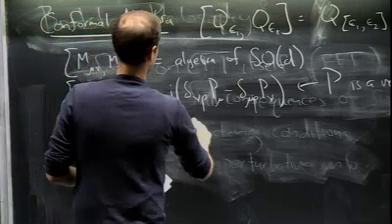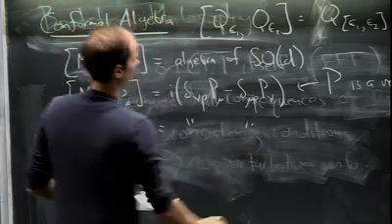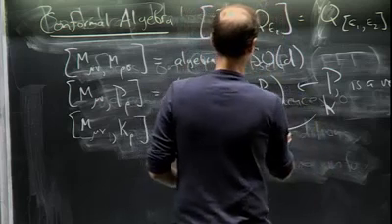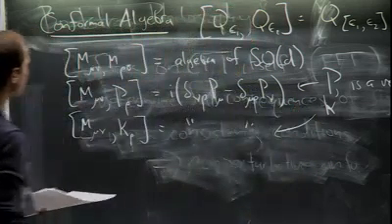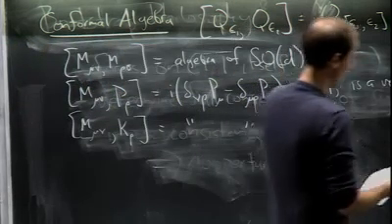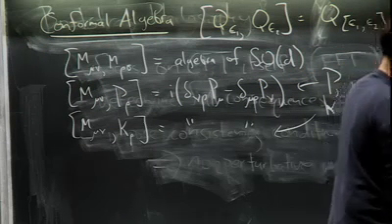And this looks basically the same because K is also a vector under SO(D). Okay? So that's just simple. Those are just the consequences of rotations.